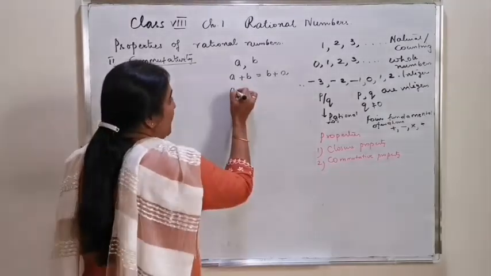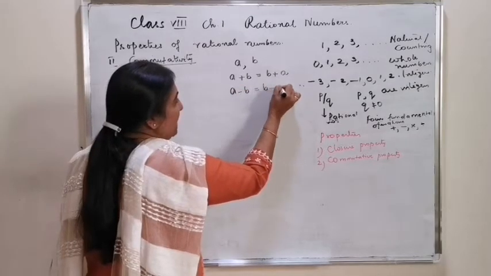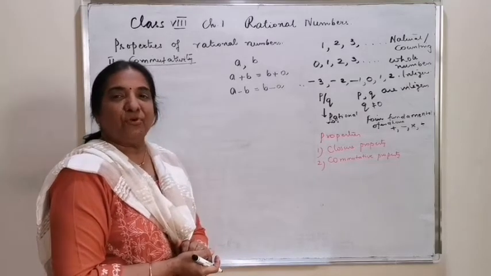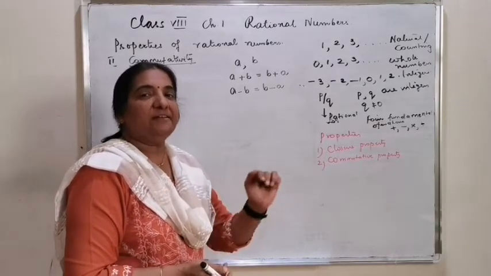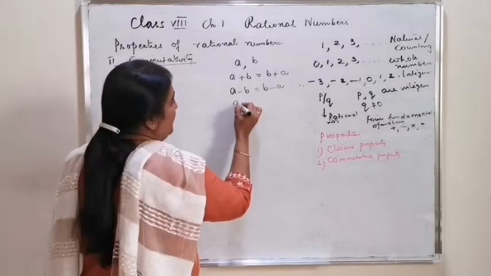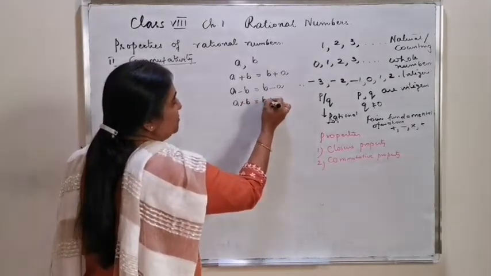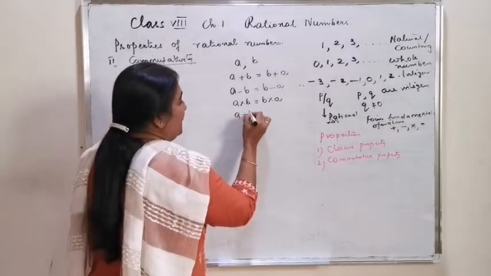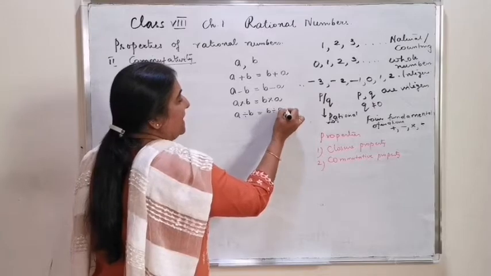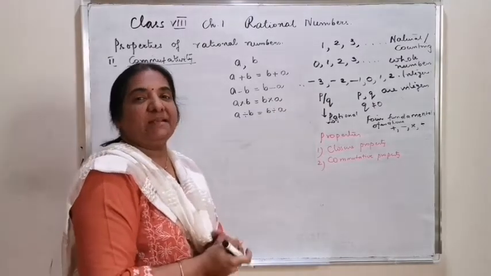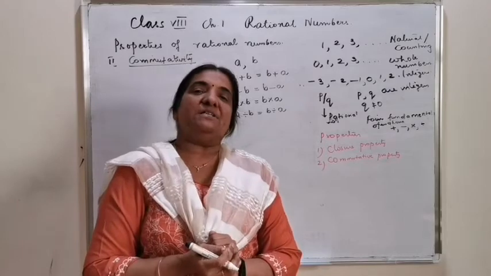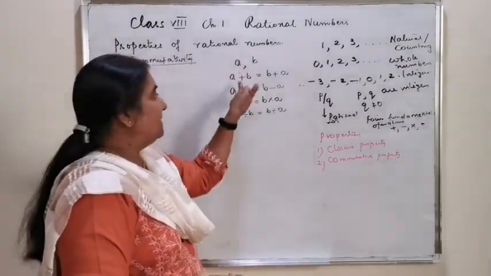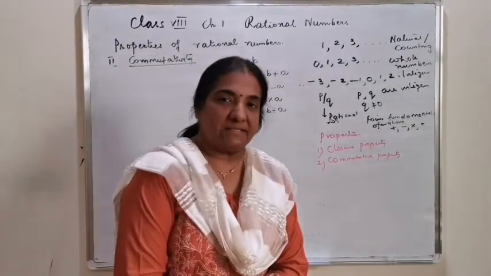If A minus B and B minus A are equal, the system of numbers follows the commutative property under subtraction. Similarly, if A into B and B into A are equal, or A divided by B and B divided by A are equal, we can say the numbers follow the commutative property under that particular operation.